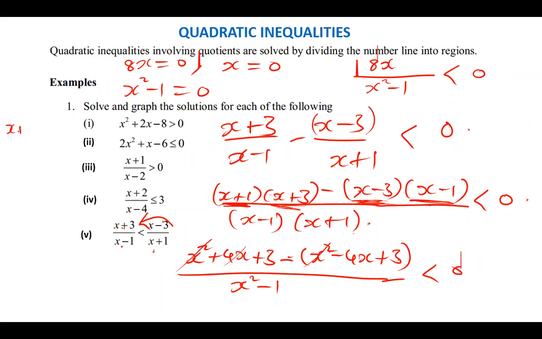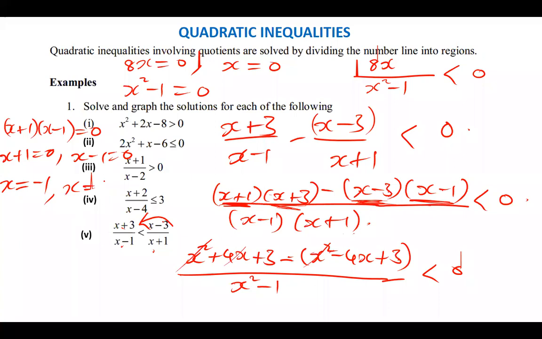So you're going to have x plus 1 and x minus 1 is equal to 0. So you equate x plus 1 to 0. You also equate x minus 1 to 0. Then from there, you're going to have x is equal to -1 and x is equal to positive 1. So these are your critical points. Then you go on the number line and test everything.